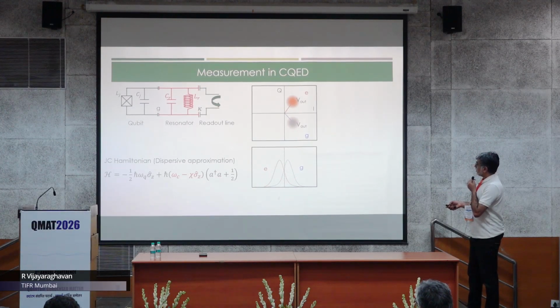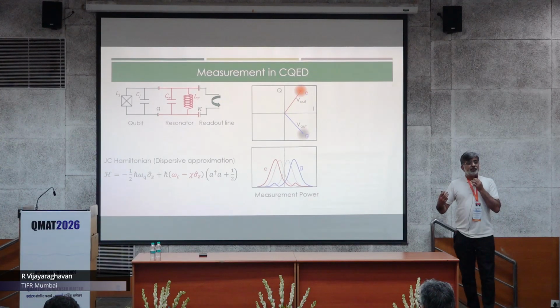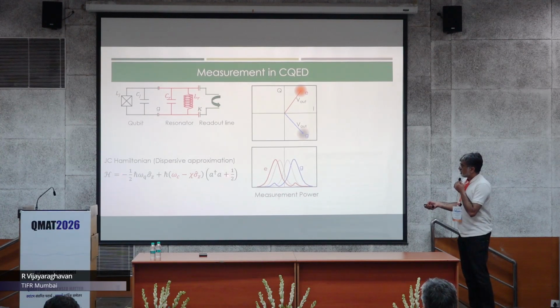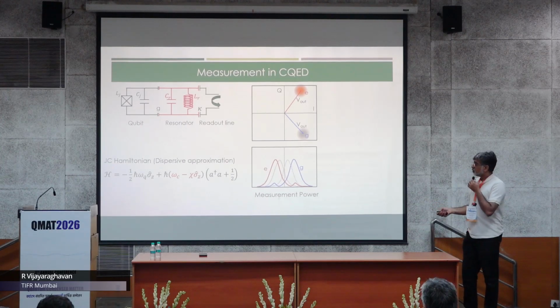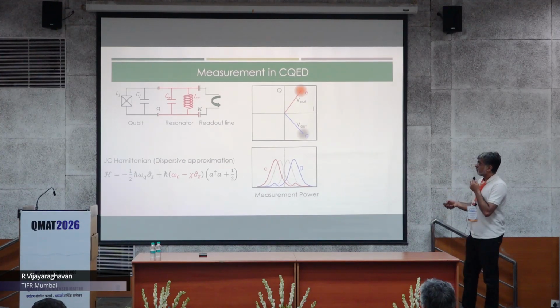If I increase the amplitude, then this signal moves farther away while the noise remains the same, and hence you expect more signal to noise ratio. But when we do that, and that's one of the main topics here, we see that even though this Hamiltonian doesn't allow those processes, this Hamiltonian is an approximation. It's a second order perturbation, an approximation of the original Hamiltonian.